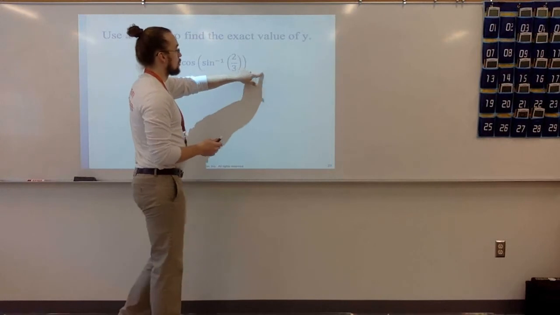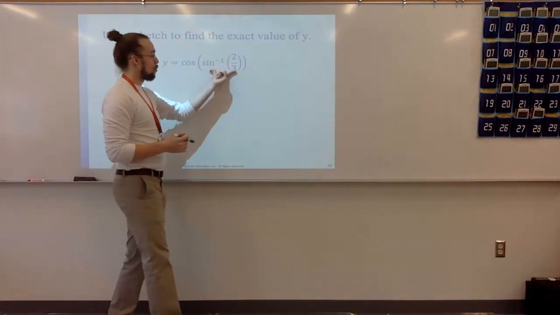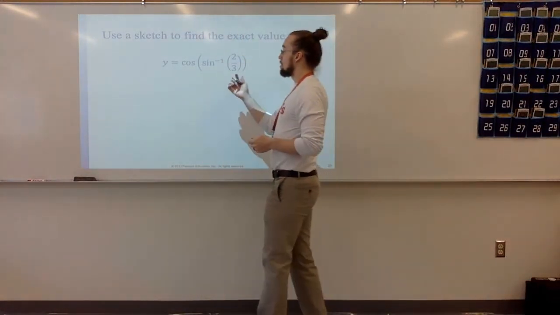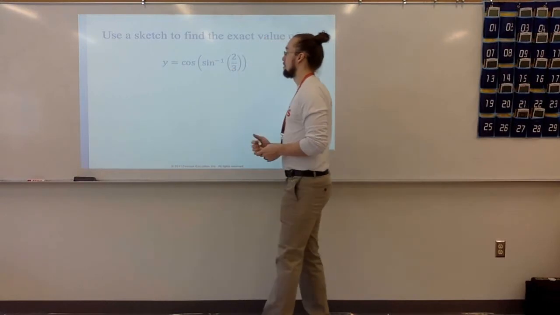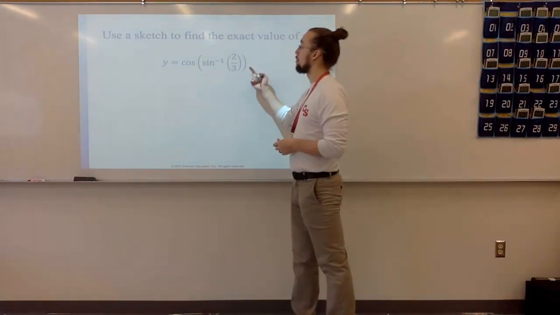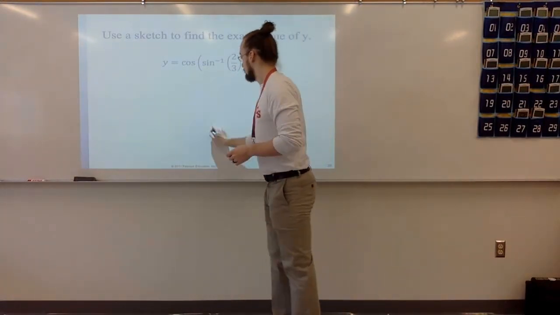For something like this, we need to draw a picture. What this is saying is we've got some triangle where the sine of a certain angle is 2 over 3.